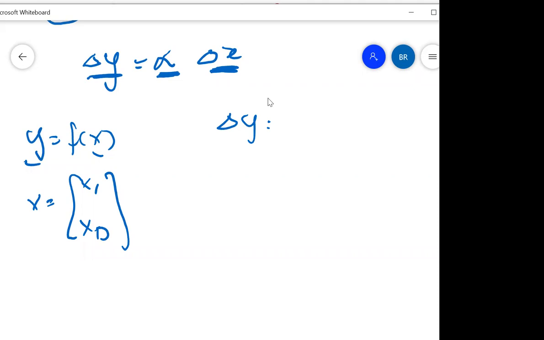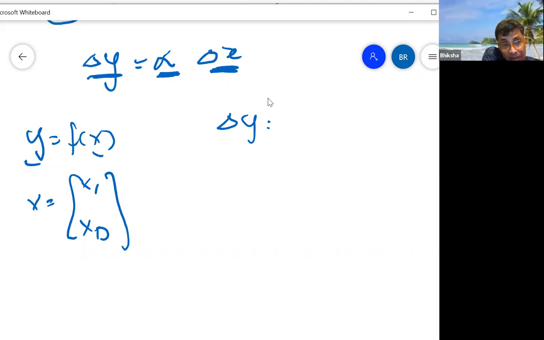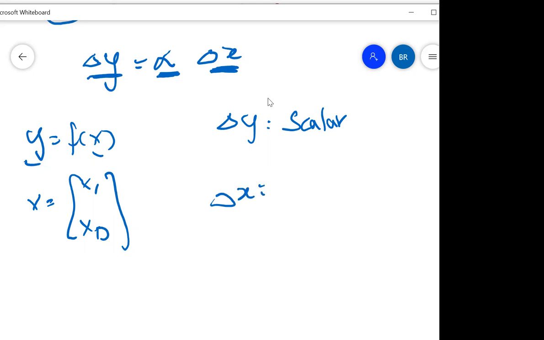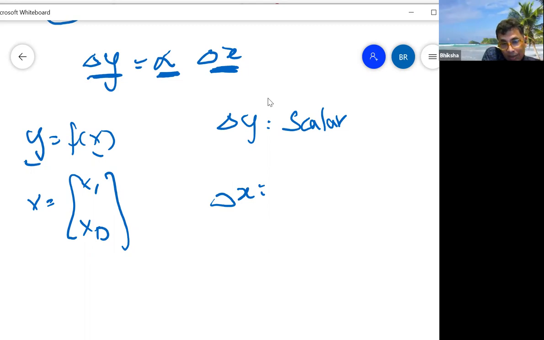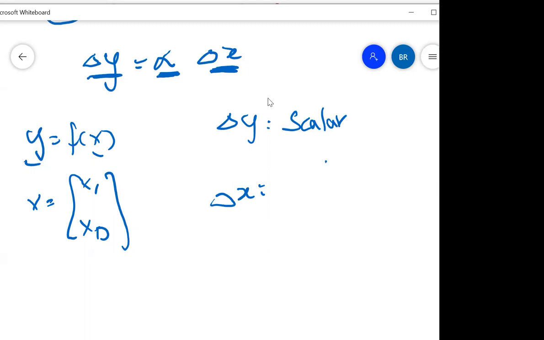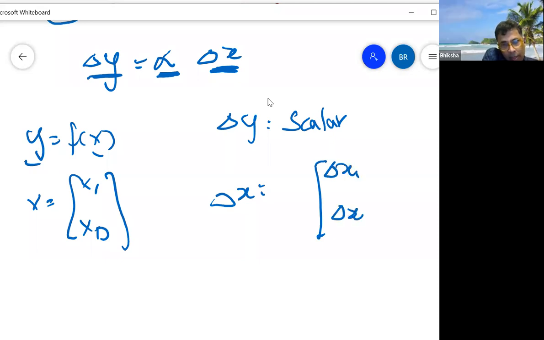Scalar. Y is a scalar, so delta y is going to be a scalar, right? What about delta x? Vector. What is the dimension? D. It's going to be delta x1 through delta xd, correct?